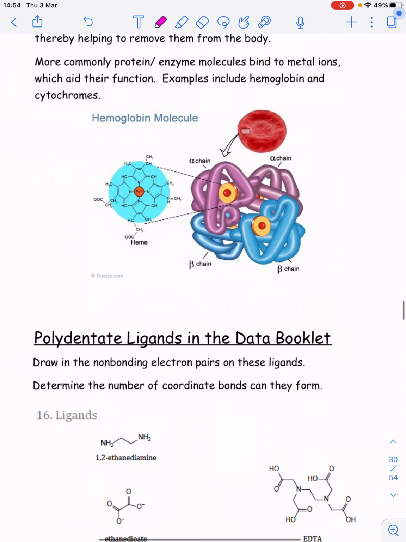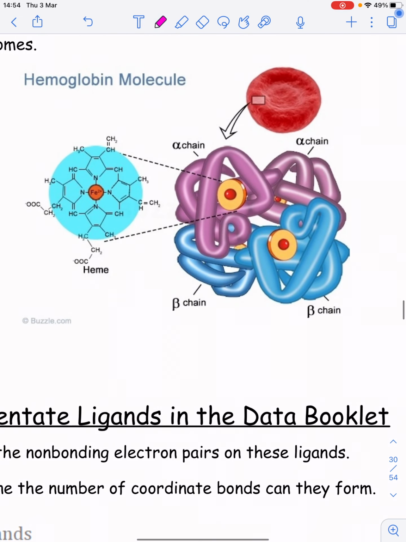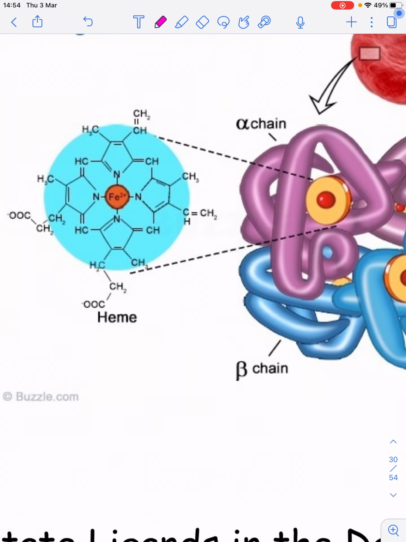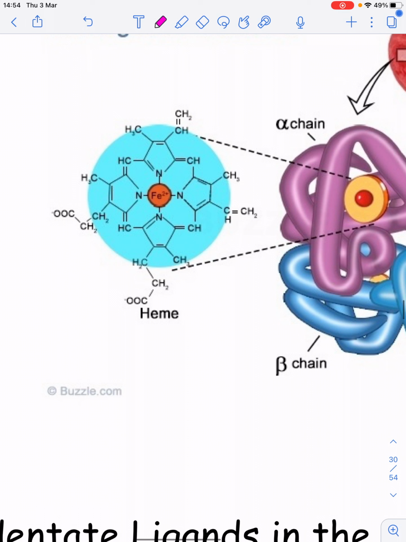These show up in biology. For example, this is a representation of the protein hemoglobin, which carries oxygen around in red blood cells. And on each part of the protein, there are these heme groups. And if you actually look at the structure of a heme group, there is a transition metal ion of iron at the center, and there are nitrogen atoms around it, and each one of these ends forms a coordinate covalent bond with the iron.